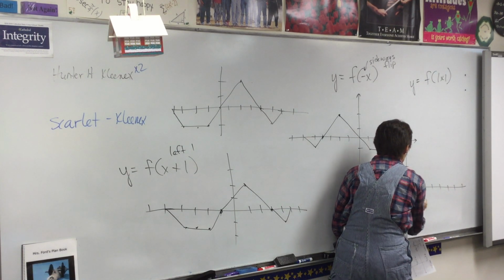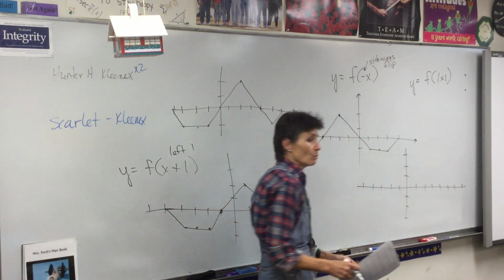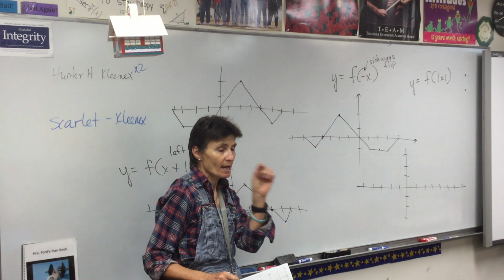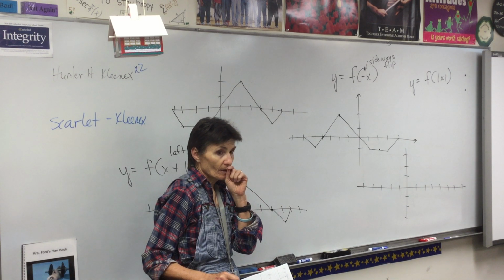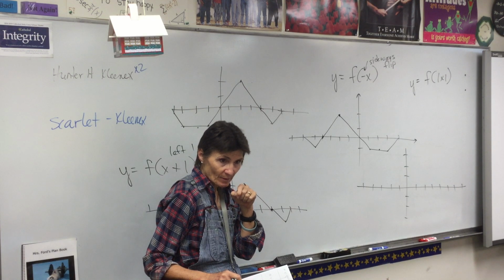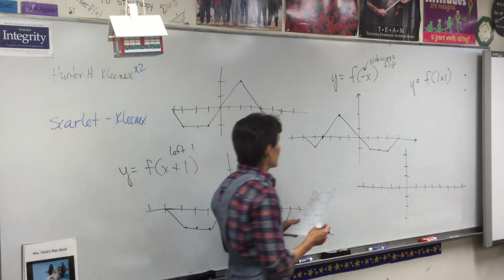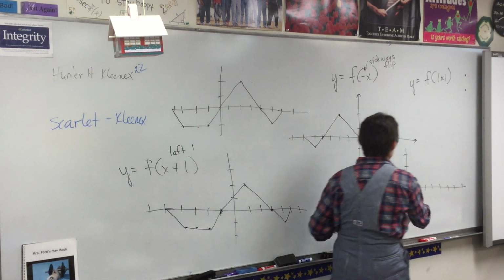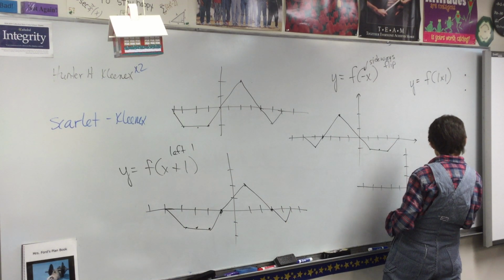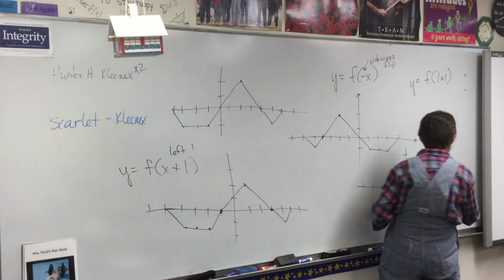Who remembers, this is a tricky one, when we have the absolute value of just X? Left side disappears. And what replaces the left side? A mirror image of the right. That's exactly right. So first I'm going to draw the right side of my picture exactly as it is in the original. No trickiness there.